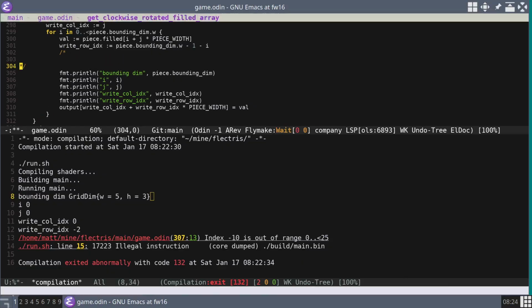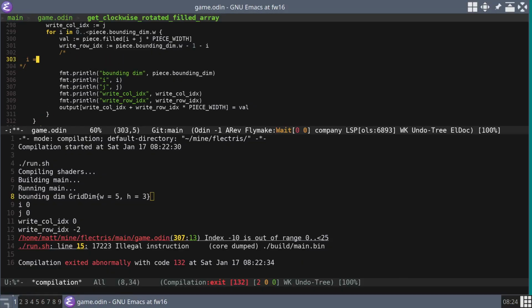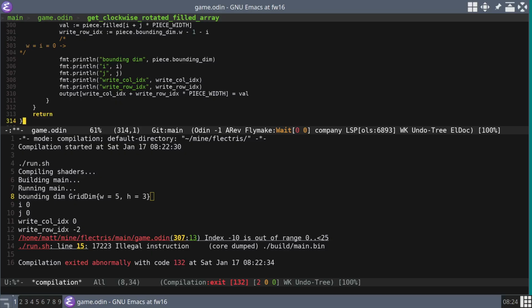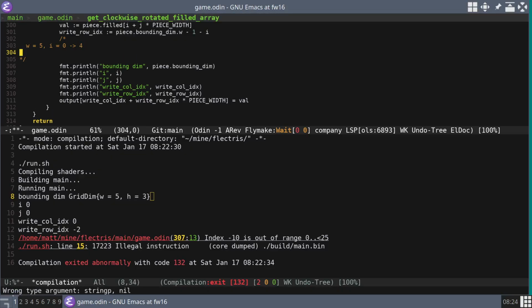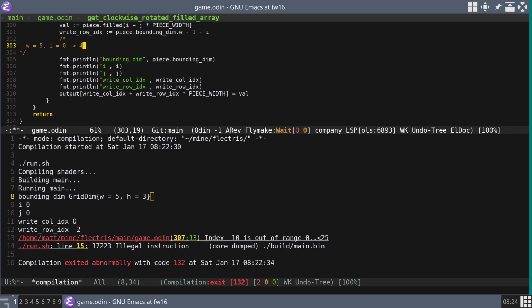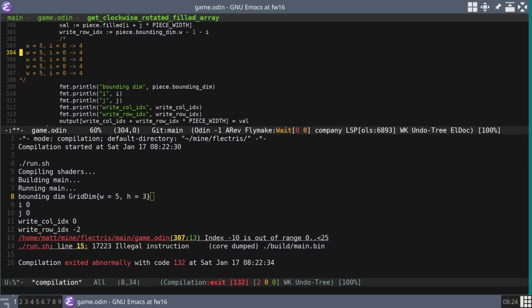Right, so if I come in here and I say i equals 0, width equals 5, what does that get us? Bounding dim is 5. So I go to row 5, which gives 4. It's 4. Sorry, 4. Same and go 1, 2, 3, 4, because of the values we're going to get in.